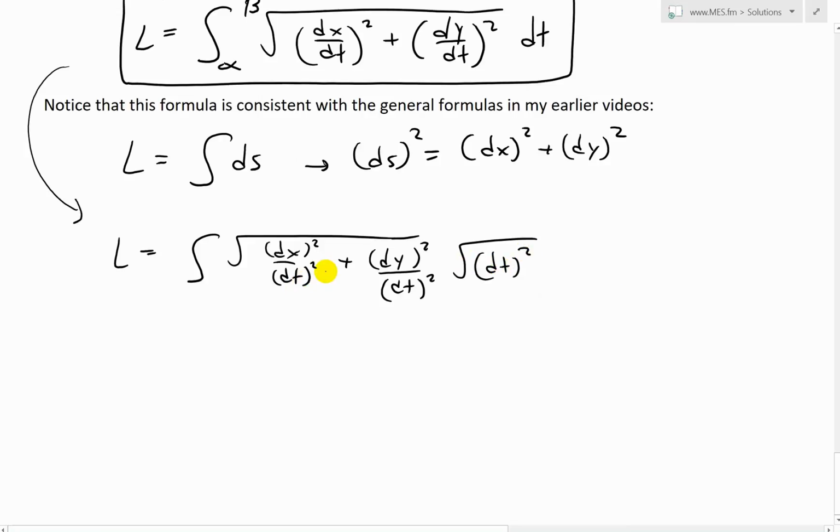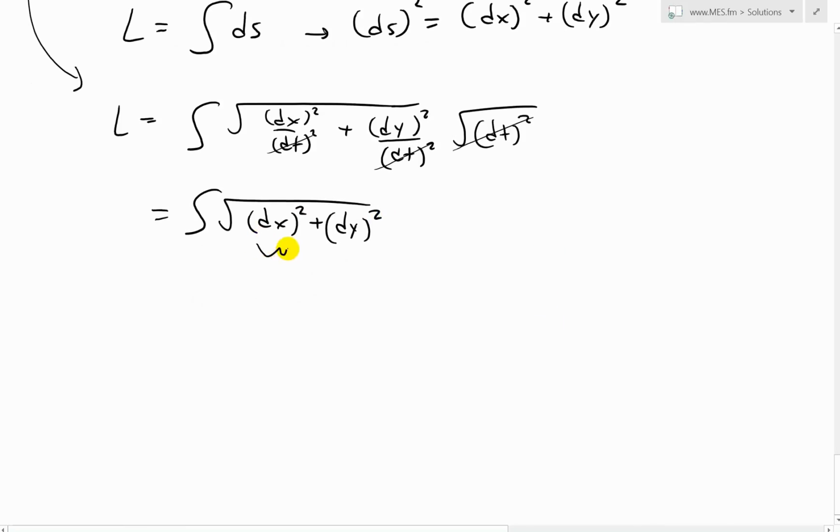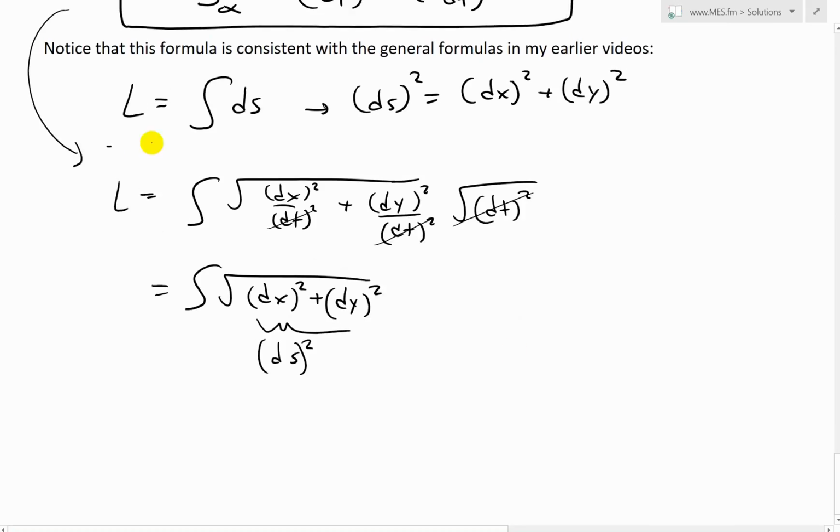So we could plug this inside, and notice all of these just cancel with all of this as well. And then what we end up with is the integral of dx squared like that, dy squared, where in this case, this could be interpreted as ds, over here ds squared like that. Yeah, ds squared. And I'll show you what that means again.